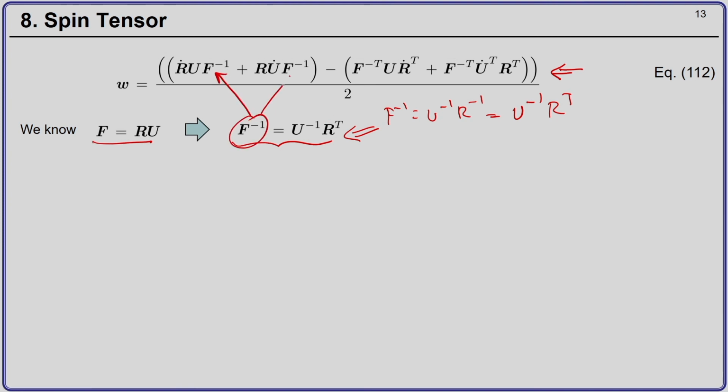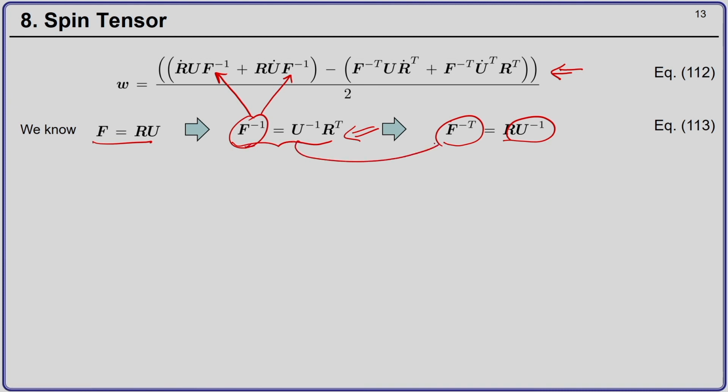So, F inverse transpose is R U inverse. From here I can compute F inverse transpose and substitute it here and here, in terms of R and U.